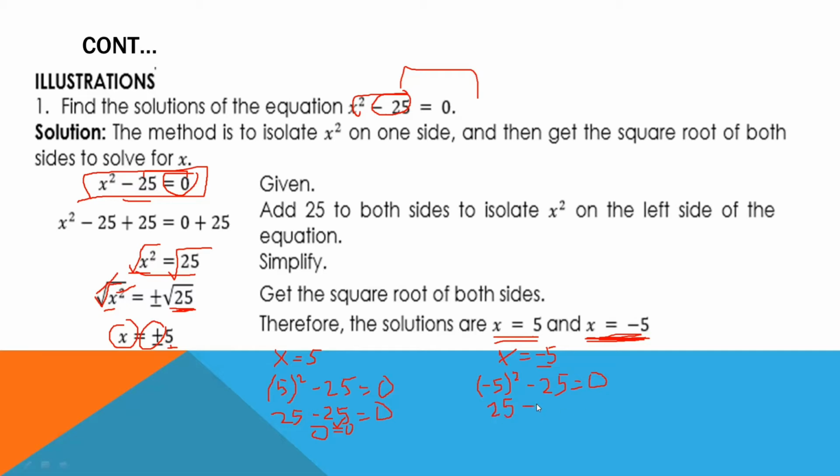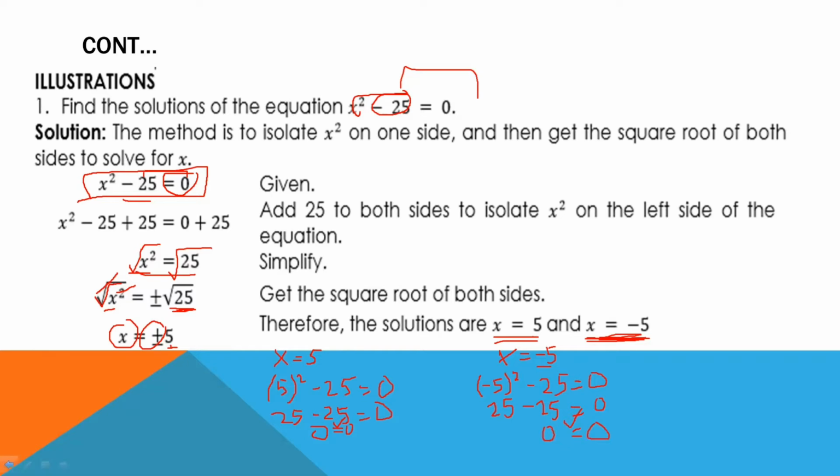Then subtract natin sa 25, then equal siya sa 0. Then simplify, 25 minus 25 is 0, then equal siya sa 0. So therefore, tama din yung ating second solution na negative 5. So ganun po ang pag-check ng ating equation, and ganun din po ang paggamit ng ating square root or the way ng extracting the roots.